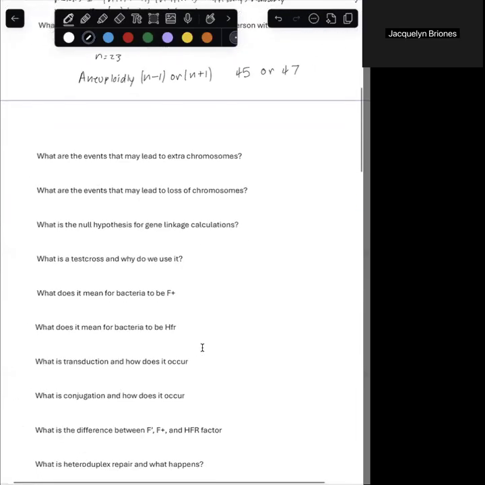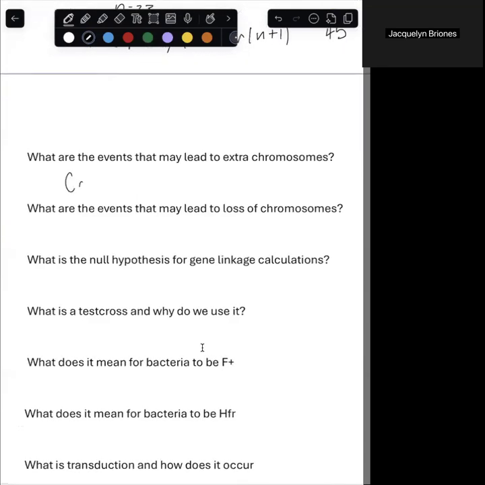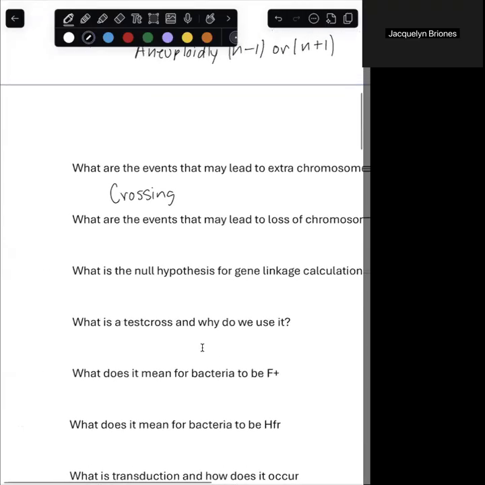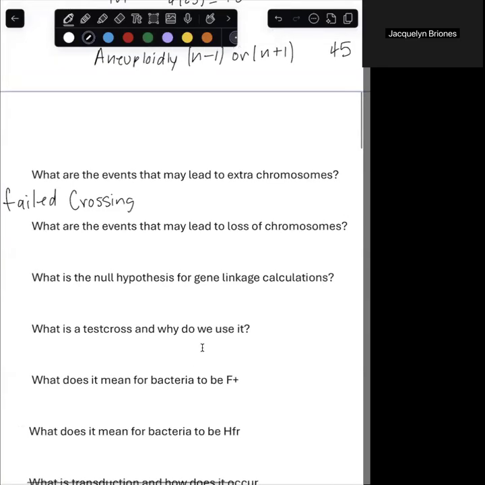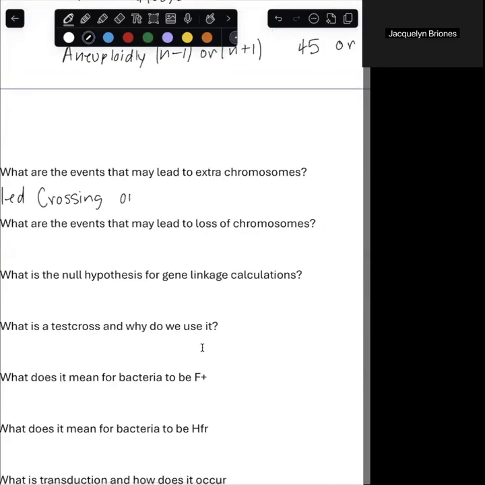Okay, what are the events that may lead to an extra chromosome? So again, this is crossing over, well, failed crossing over. This is non-disjunction.